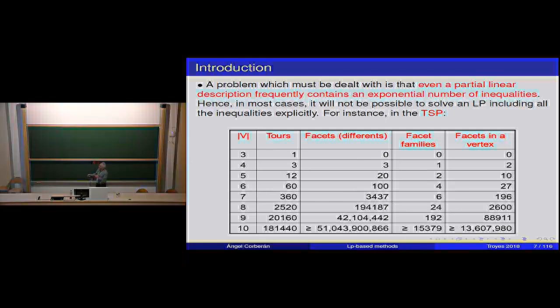For instance, in the traveling salesman problem, if you have an instance with 10 vertices, the number of feasible solutions for that problem is this number, and the number of different facets, I mean the inequalities you need to describe your convex hull, is more than 50,000 million. So you cannot add all of them to your linear program and then solve it by Cplex, Gurobi, or whatever.